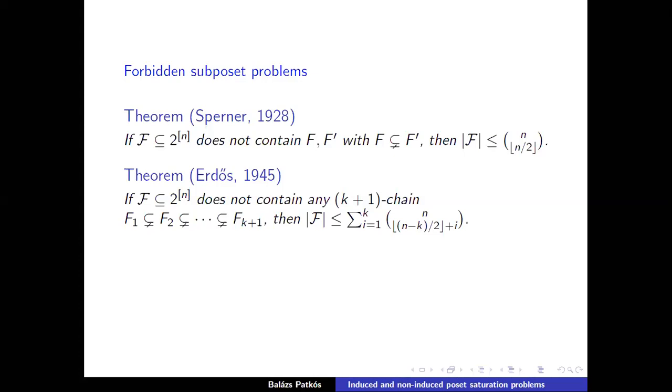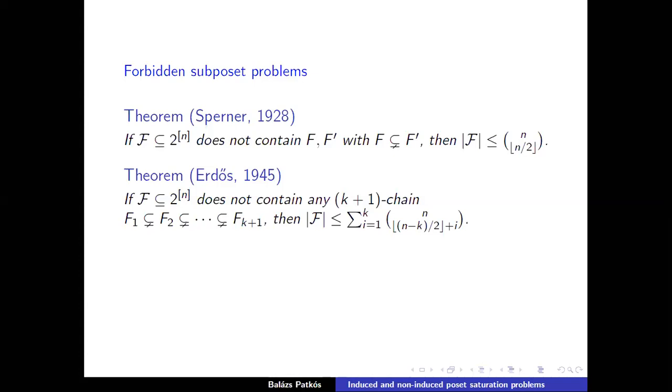And this result was generalized by Erdős. This time we do allow some pairs in containment. What we do not allow is a nested sequence of k+1 sets, also called a k+1 chain, or a chain of length k+1. In this case, Erdős determined the maximum number of sets that we can put into a family without having this forbidden configuration.